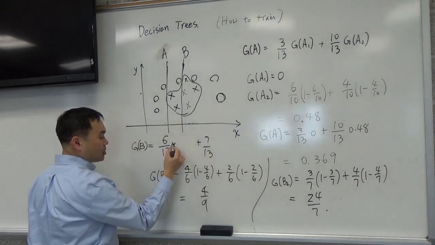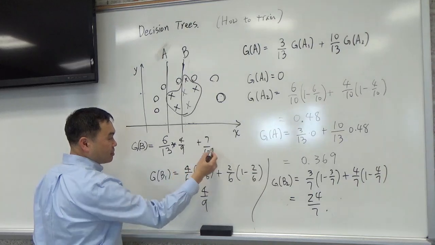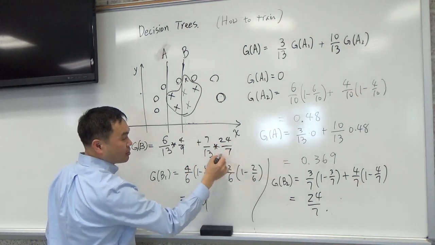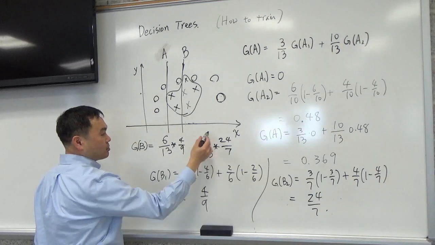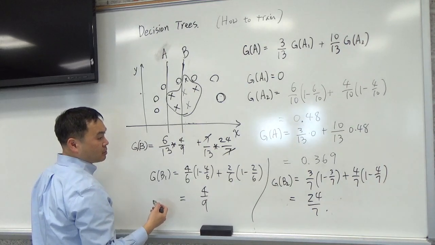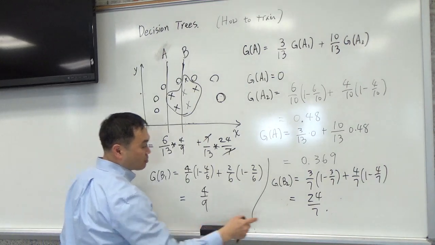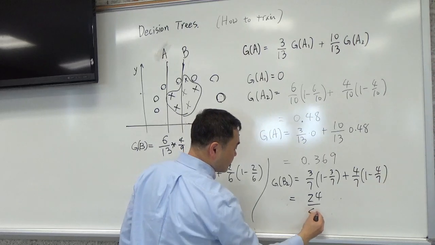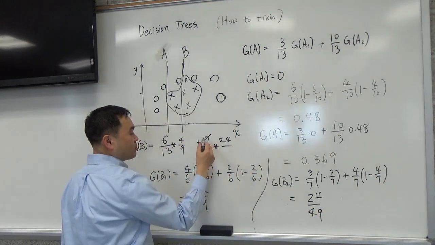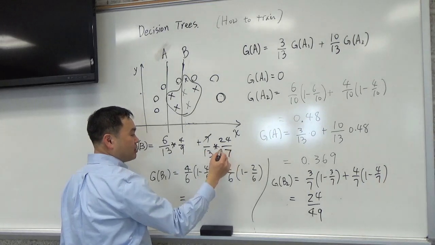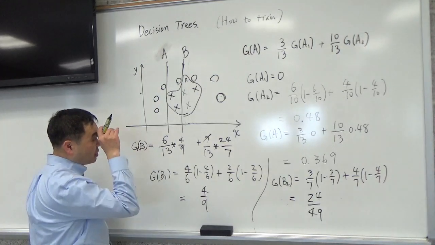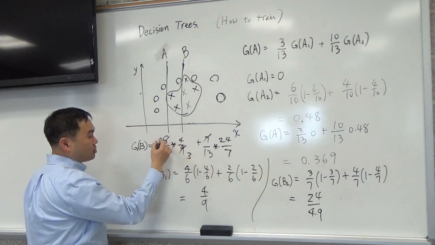So times 4 ninths, and times 24 out of 49. Oh, sorry, this is 49. So after dividing by 7, it'll still be this, and then this will be 3 and this will be 2.